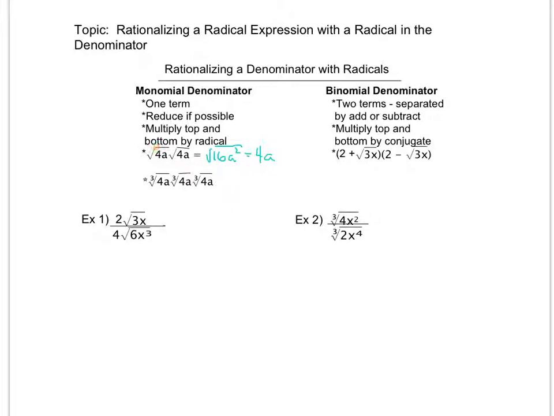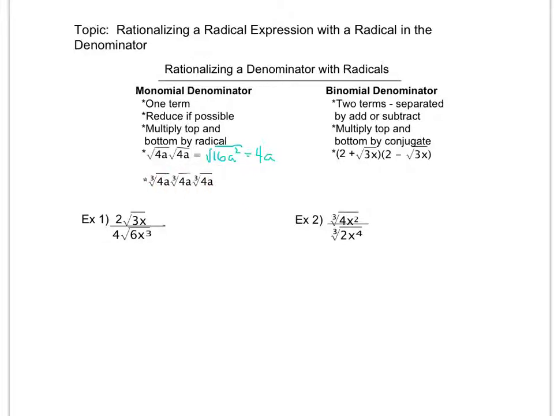However, if my index is not a 2, so I'm not a square root, I have to multiply the radical that many times in order for the index to cancel. Right here I have cube root of 4a times cube root of 4a. If I only multiplied the two of them, I would have the cube root of 16a squared, which would not get rid of the radical.